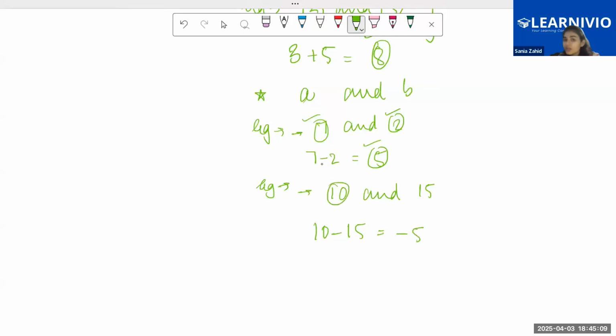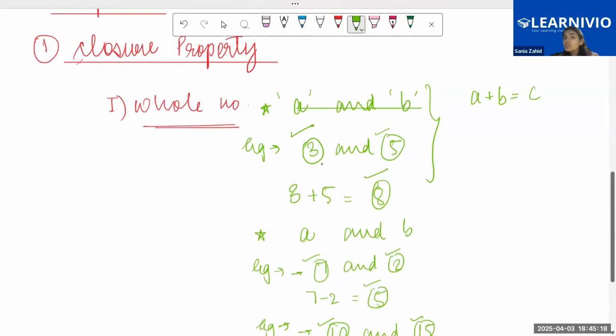So 10 is a whole number, I know. 15 is a whole number, but -5 here is not a whole number. Okay. So what does this tell me? This tells me that closure property is followed by whole numbers for addition. But is it followed for subtraction also? No, ma'am.